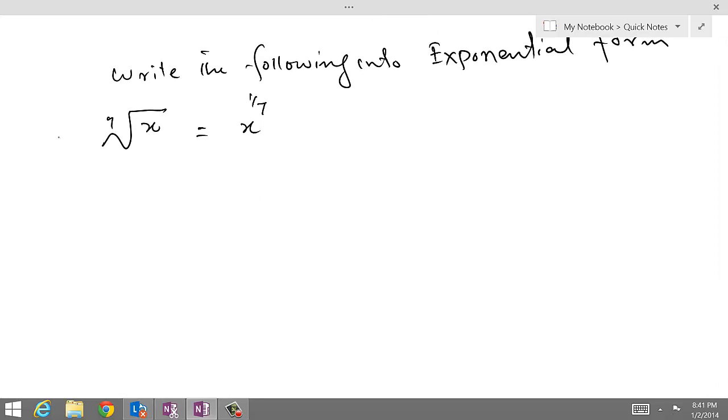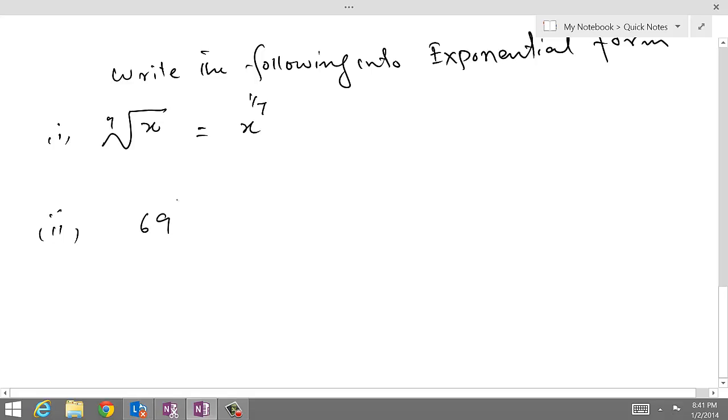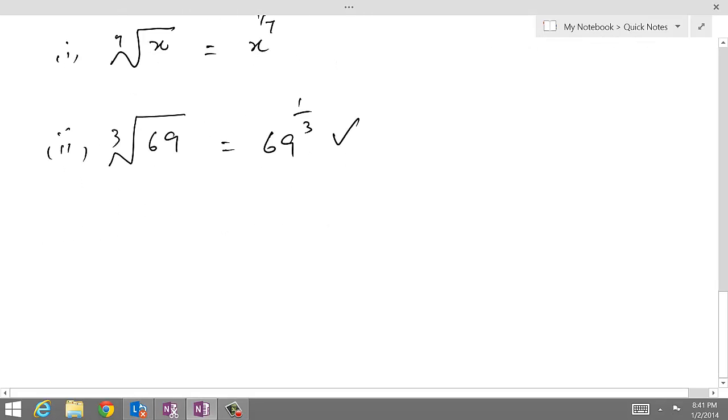And in another question, if it is the third root of 69, obviously this would be 69 power 1 by 3, which is exponential form.